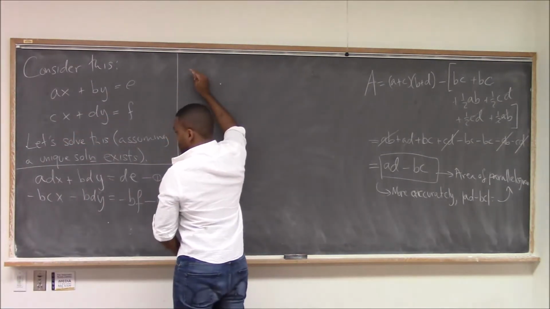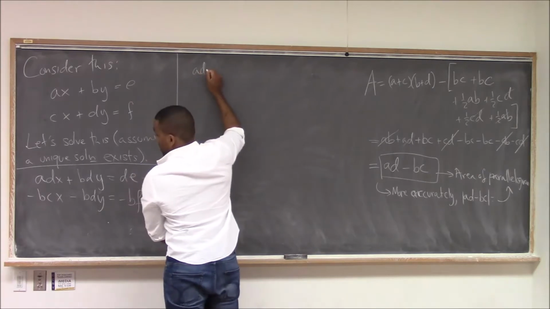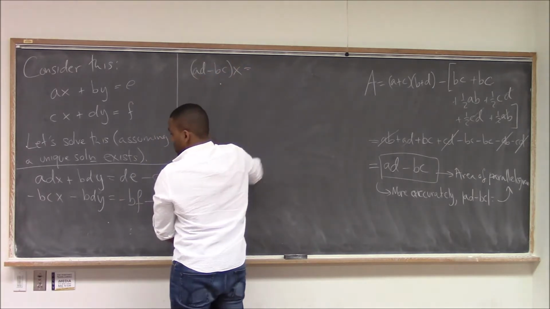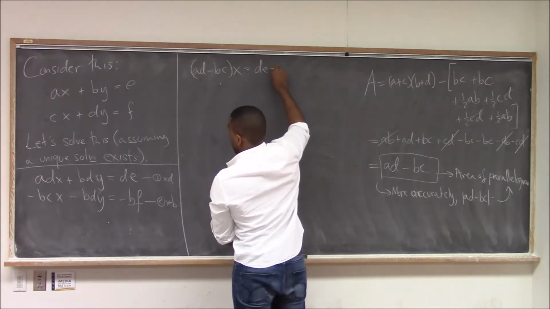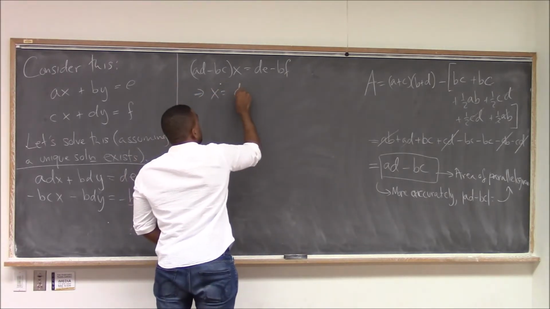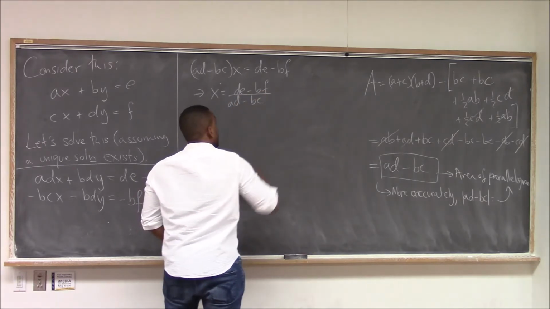Now if I add them, what do I get? I get (AD minus BC) x equals DE minus BF. In other words, x is DE minus BF divided by AD minus BC.